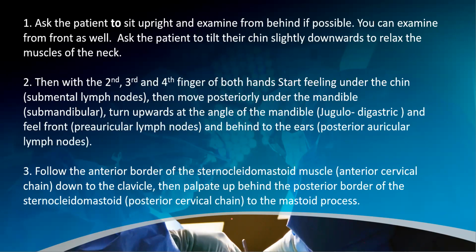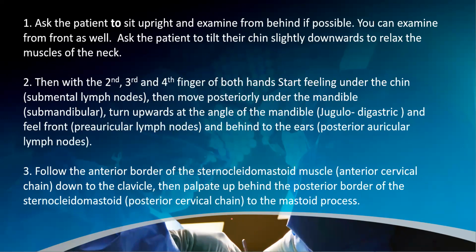Then move posteriorly under the mandible for submandibular. Turn upwards at the angle of the mandible for jugulodigastric. Feel the front of the ear for preauricular, and the back of the ear for postauricular lymph nodes.